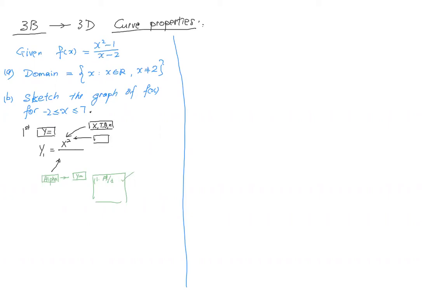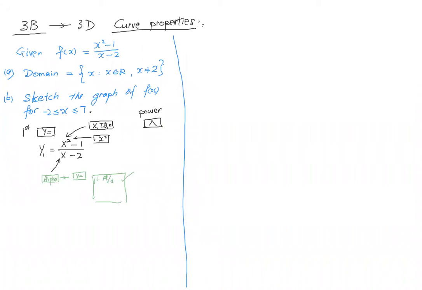For other powers, you press the power button. This is the power button. So -1, you should know what to do. And here x minus 2. Okay, that is the first step.